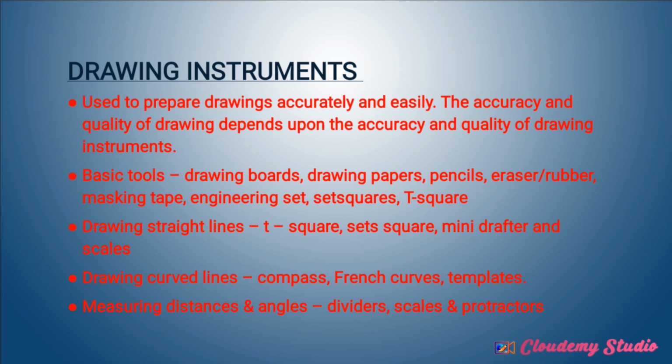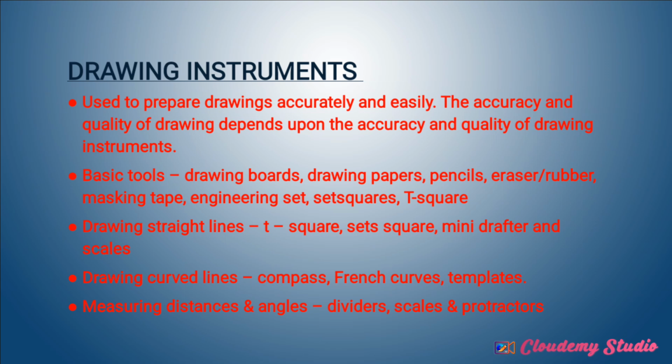So you have one, the drawing board. You will require the drawing surface where you place your drawing paper. Next you require the drawing papers. Then you have the pencil. Under the pencil, I illustrated how you can use different types of pencils to draw different types of lines. So you have the 2H, the HB, and the 4H.